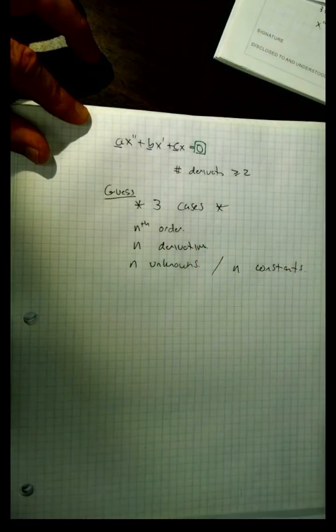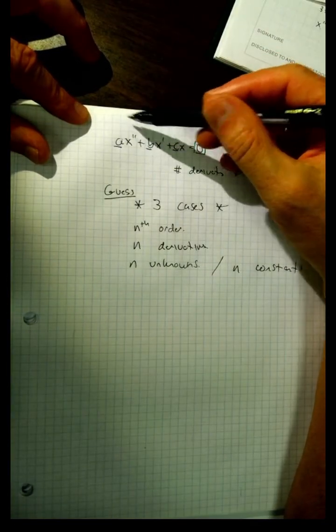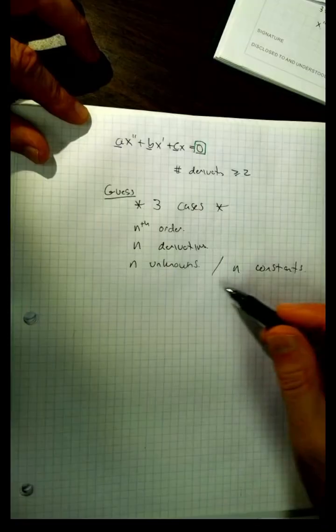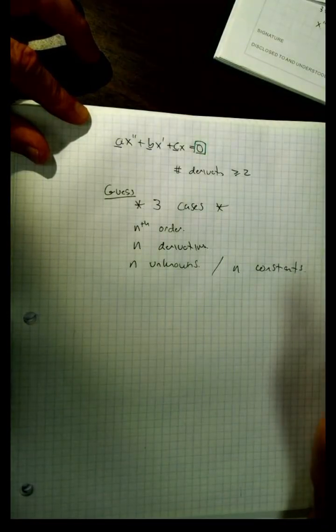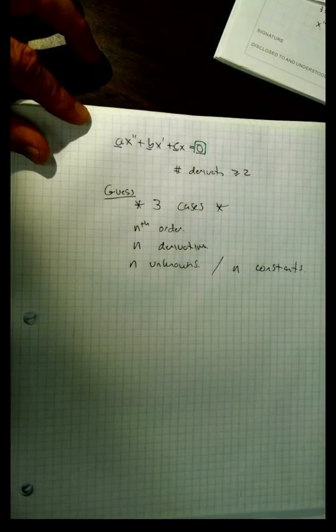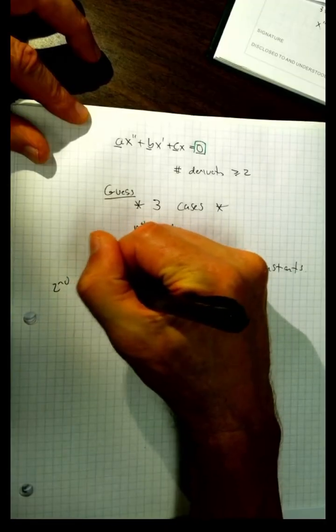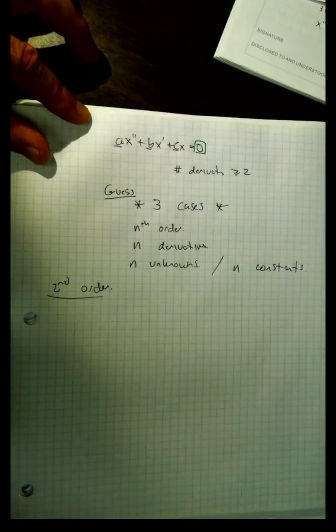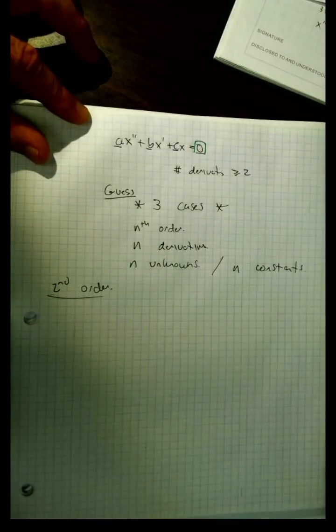So in the end, however many derivatives we have here, we should have that same number of constants floating around. And if it doesn't work, then we've done something terribly wrong. So let's just focus now on the second order, and we'll find out that what we do for the second order case is going to be generalized to the third, fourth, and higher order cases.